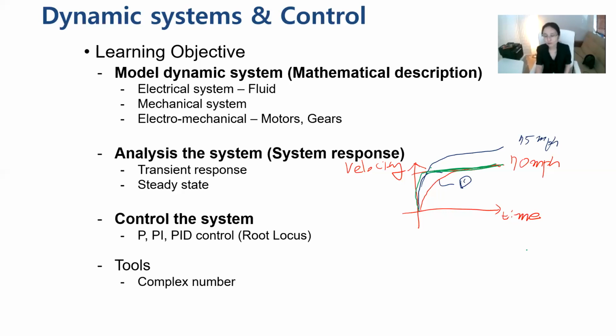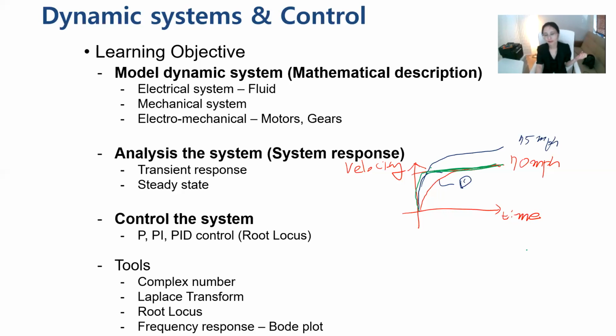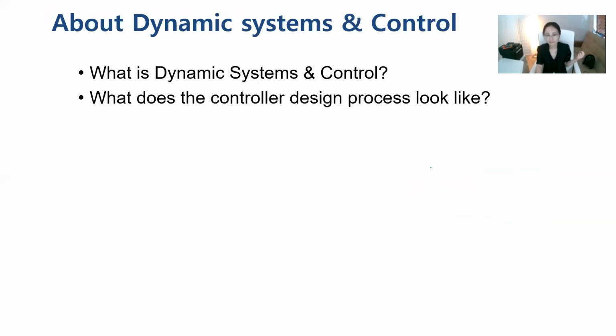And to do so, you will learn some tools such as complex numbers, which is actually a review, and the Laplace transform. And then we learn the root locus and Bode plot.